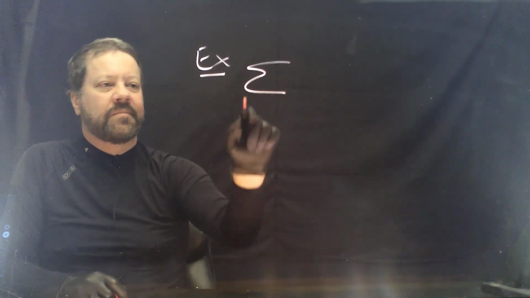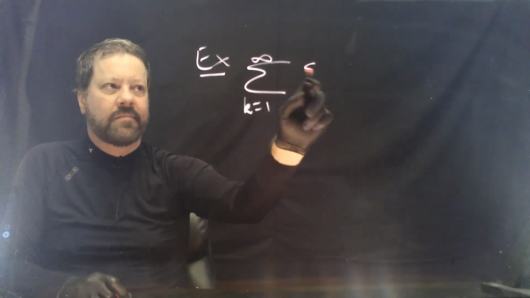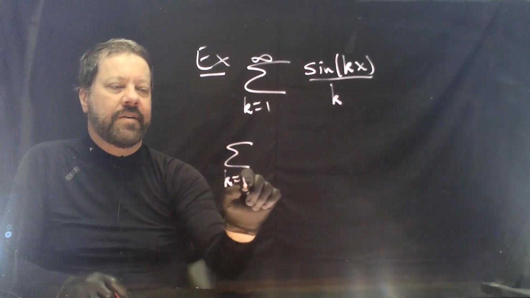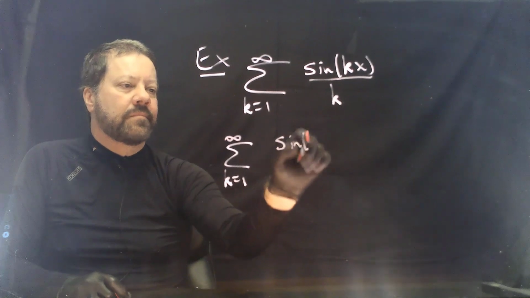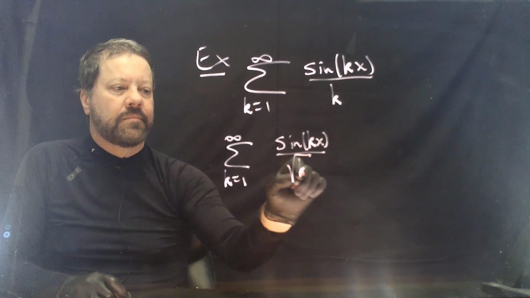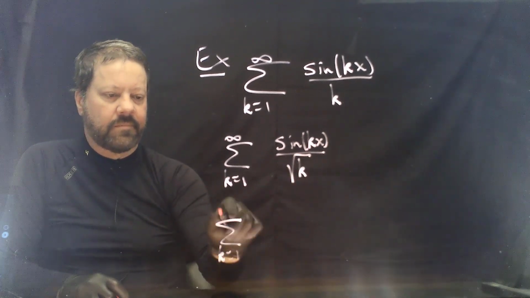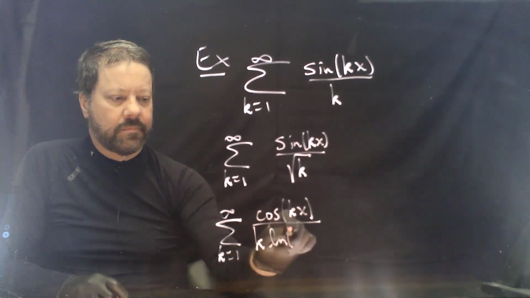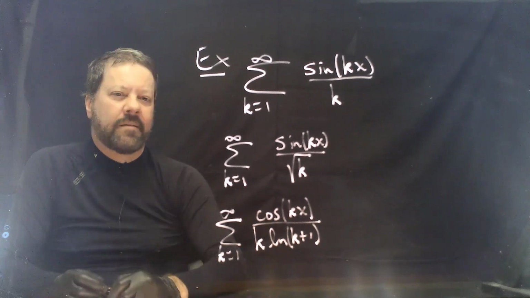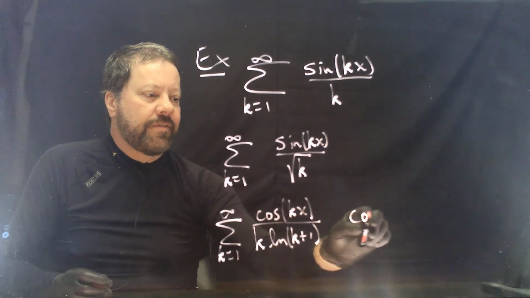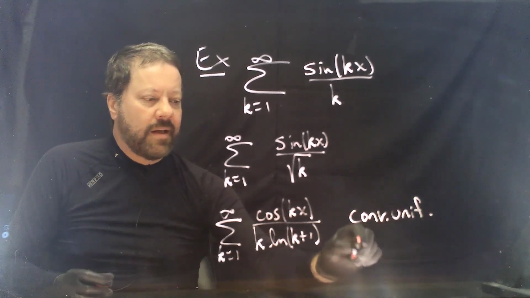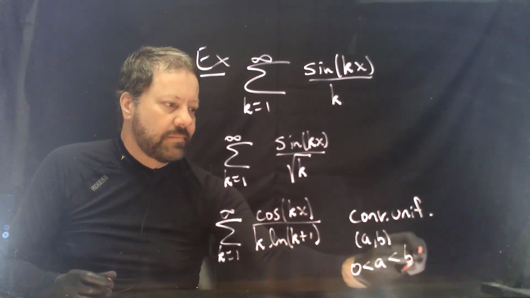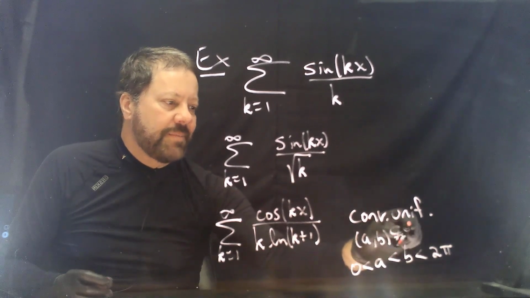So for example, we can look at all of these series and deduce that these all converge uniformly as long as we're on the interval [a, b], which is a proper subset of the interval from 0 to 2 pi.